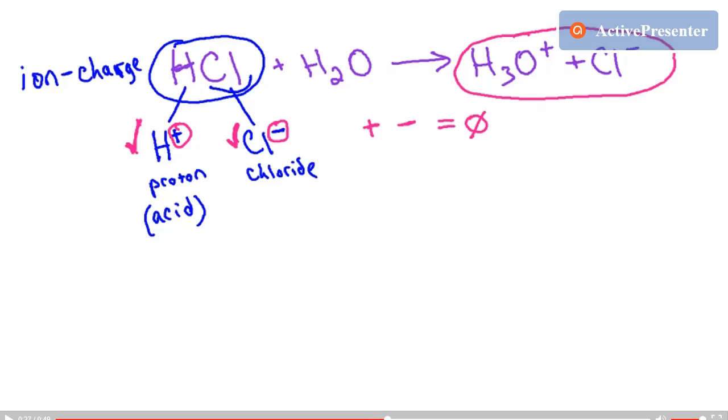One of these H's out of the H3 is that H plus. So here's the plus from that H. And then the chloride is going to have a negative charge, and that's going to be all on its own. So that means this is strong.